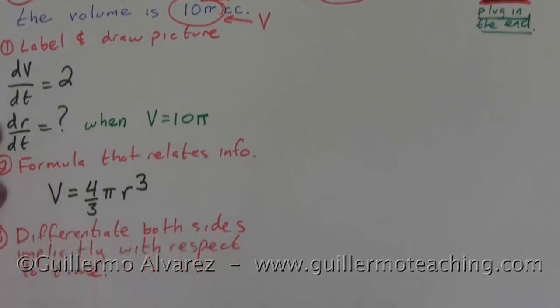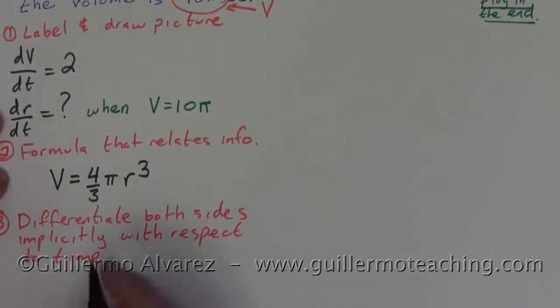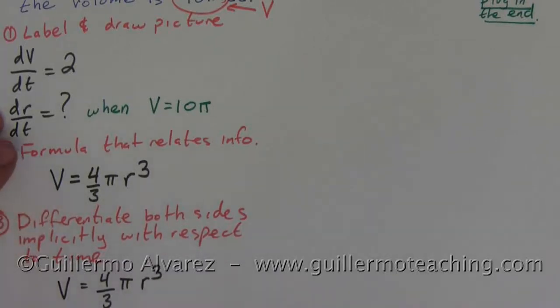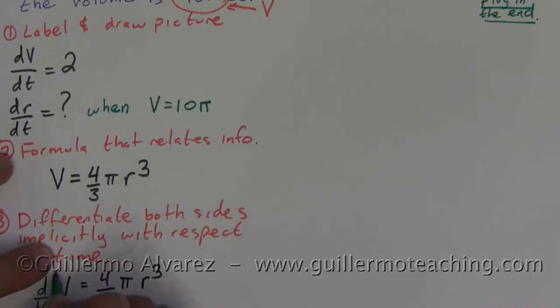Alright, so what this means is that I have my formula here, 4/3 pi r cubed. I'm going to get the derivative of the left and the right side with respect to time.